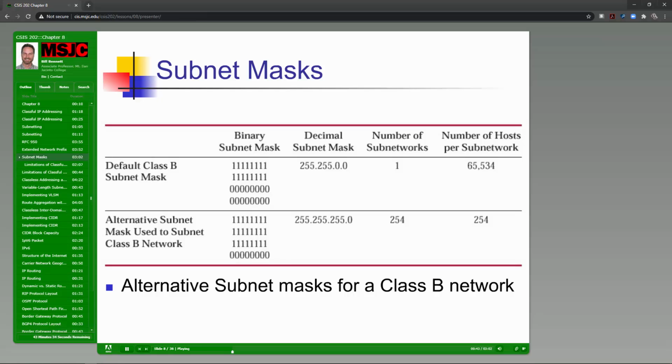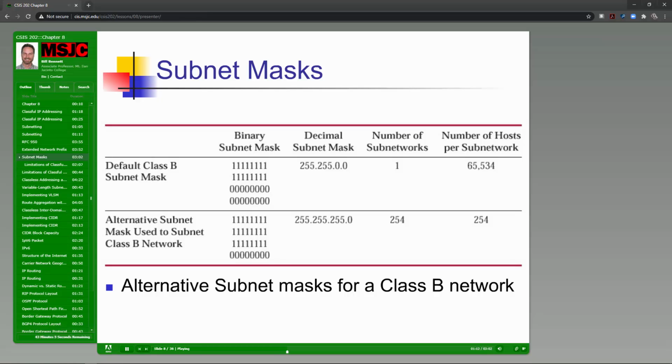The way you arrive at that value is, I always say, just look at the bits and take 2 to the power of the bits. In other words, we've got 16 zeros there. So let's raise 2 to the 16th power, and that tells us how many hosts we can have. Now 2 to the 16th power is actually 65,536, so you have to subtract 2 from that equation because you can't have an all zeros host and you can't have an all ones host.